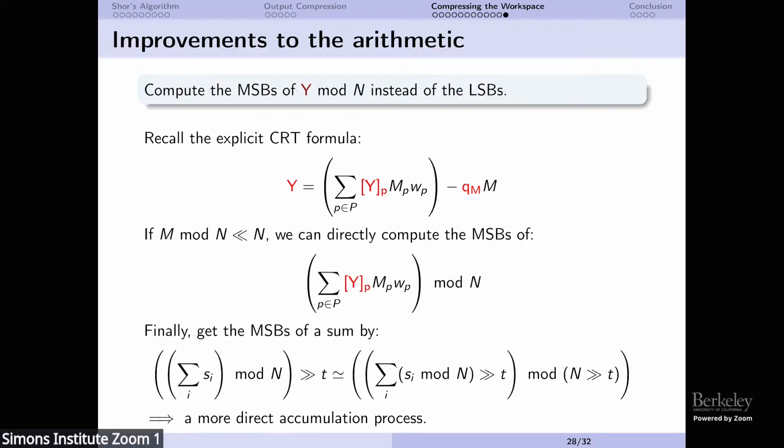And then you compute a sum of these integers modulo n and directly shift back to have the result. Basically, this gives you a much more direct process of accumulation in which you have this register and you just, depending on the bits of the residues, sum things into this.